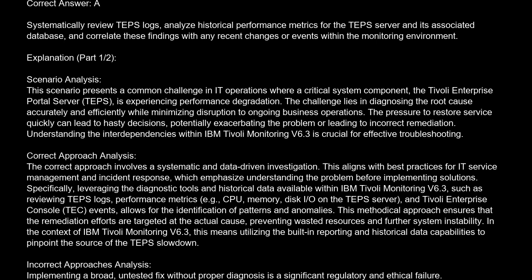This methodical approach ensures that the remediation efforts are targeted at the actual cause, preventing wasted resources and further system instability. In the context of IBM Tivoli Monitoring v6.3, this means utilizing the built-in reporting and historical data capabilities to pinpoint the source of the TEPS slowdown.